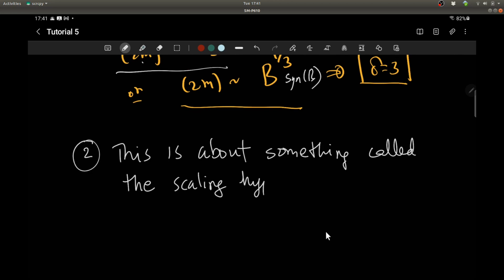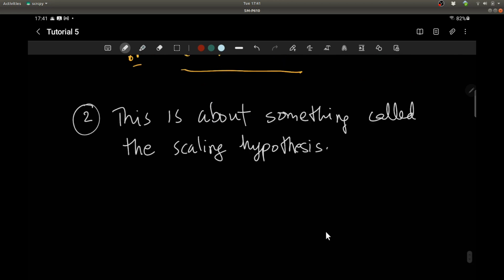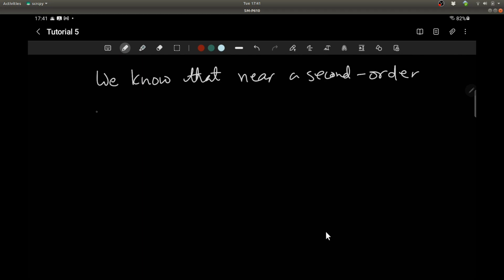For the scaling hypothesis, what does it mean? First thing we know, let's do some generalities. We know that near a singular point, near a second order phase transition, things become singular.